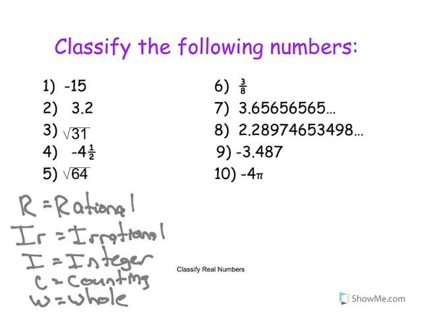So rather than write out the words for everyone, I'm going to use my key. If you want to do this for your homework, that's fine. Just make sure you put the key. If your key is different than mine, that is absolutely fine, but I do need to see a key.